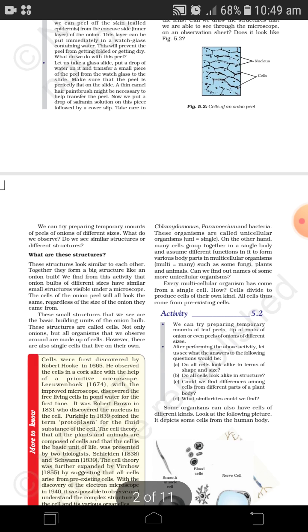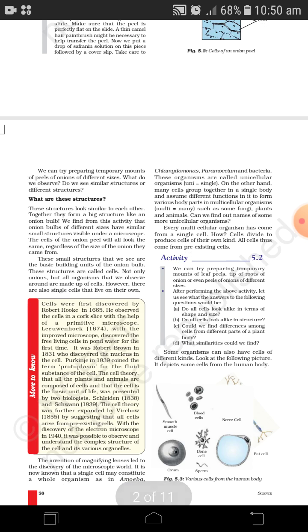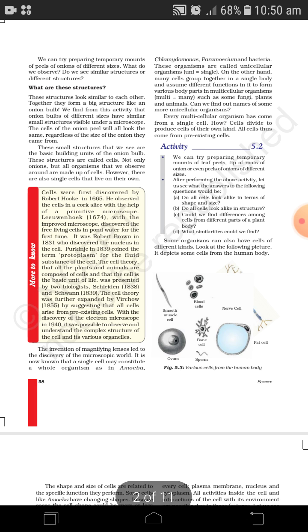As we are going to, we can try preparing temporary mounts of peels of onion of different sizes. What do we observe? Do we see a similar structure or a different structure? Next, what are these structures? These structures look similar to each other.